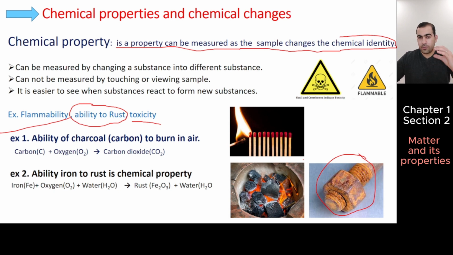The ability to rust is a chemical property. So the ability of iron to rust is a chemical property, but we don't know that iron has the ability to rust until it reacts with oxygen and water. Then it produces rust. If it produces rust, we say that iron has the ability to rust.